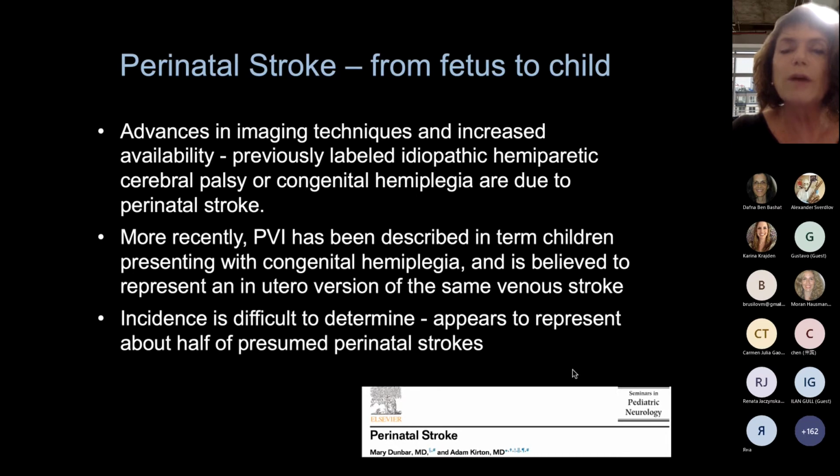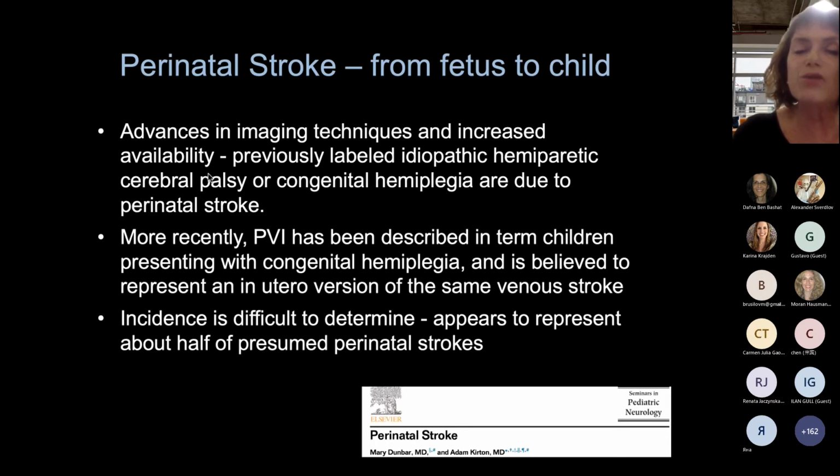When we look at all the children that we previously talked about, who were called idiopathic hemiparetic CP or congenital hemiplegia, right now, because of the imaging techniques and the increased availability of MR, we can try and trace the markers for it. It's actually understood that what we are calling periventricular venous infarction has been described in children that present with congenital hemiplegia. And it is believed that they represent the same understanding, but in an in utero version of the same venous stroke.